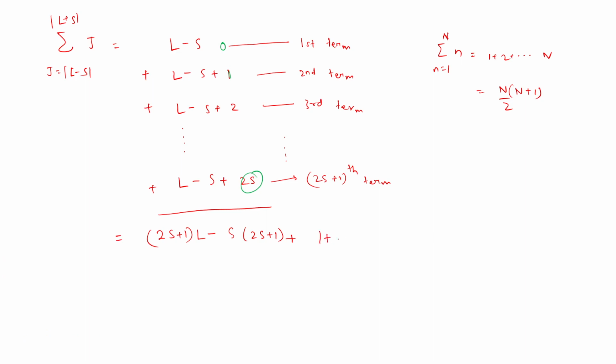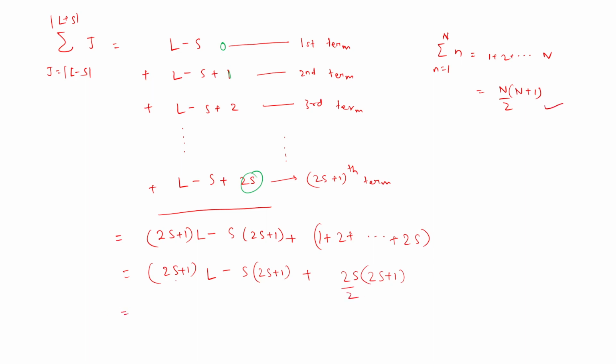It is 1 plus 2 plus so on up to 2s. So what we have is 2s plus 1 l minus s 2s plus 1 plus, so here up to 2s we have to take. So it is 2s times 2s plus 1 by 2 by this formula.